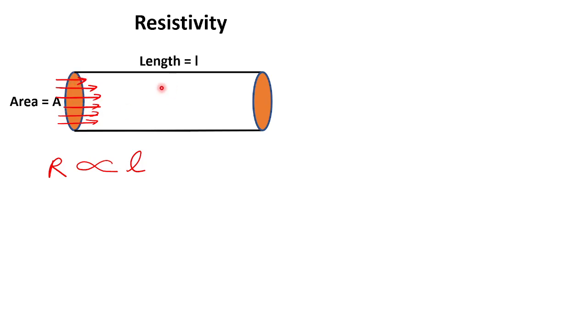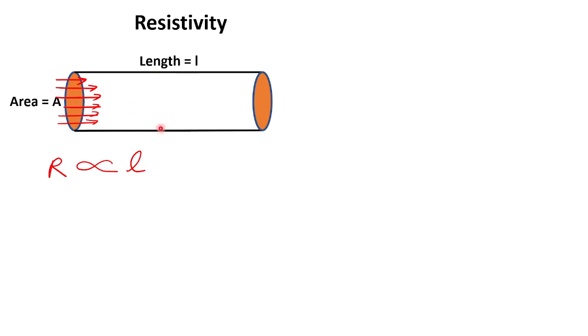Understood? For example, if the pipe is too narrow, the water flow faces resistance. So what I am saying is, the more length of the wire, more length of the pipe results in more resistance. The more resistance means it prevents the flow of the water.